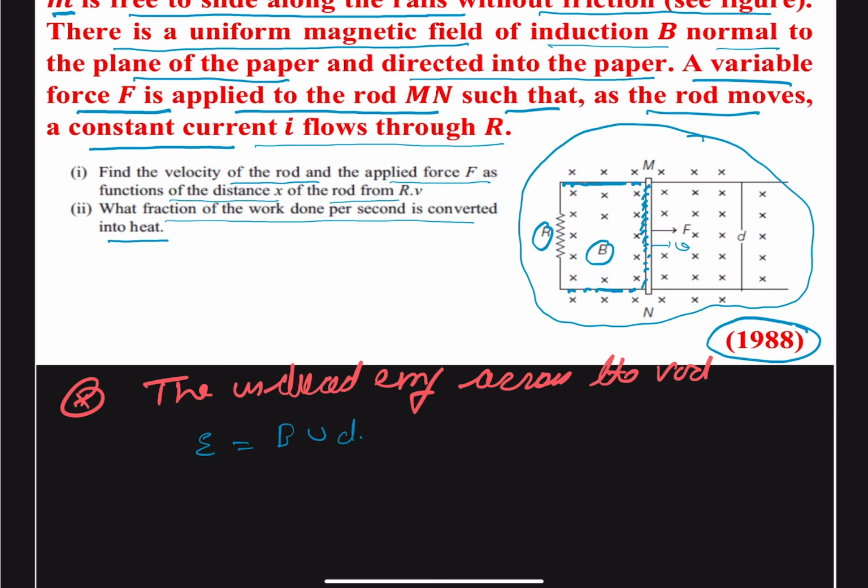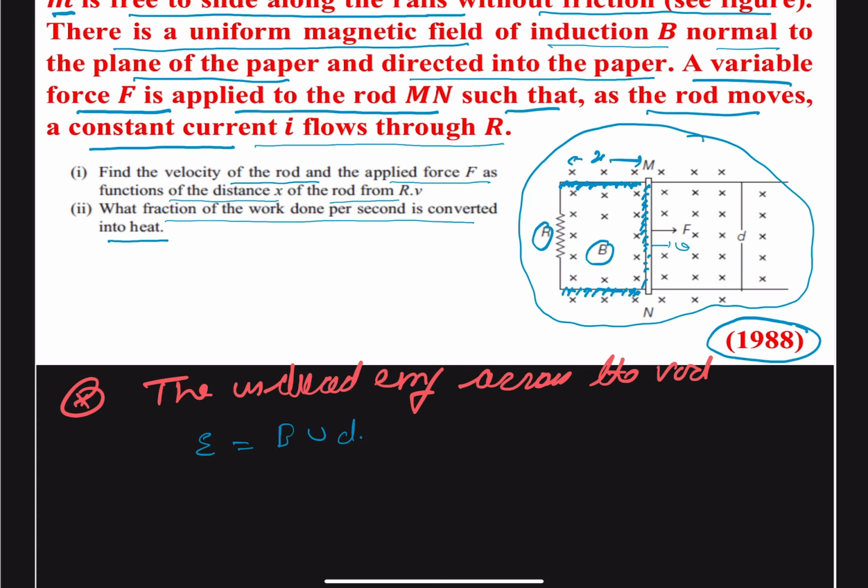Therefore, at any instant when the rod is at a distance of x from one end, the resistance of the rail up to the rod will be equal to lambda x, and on the other side also we are going to have a resistance of lambda x.